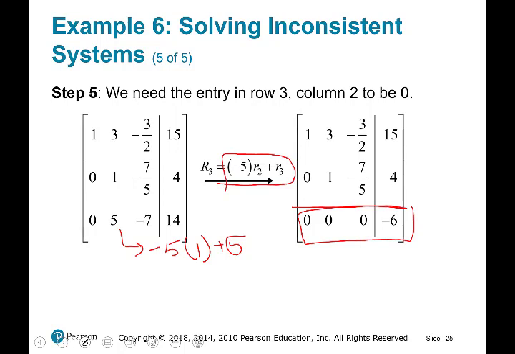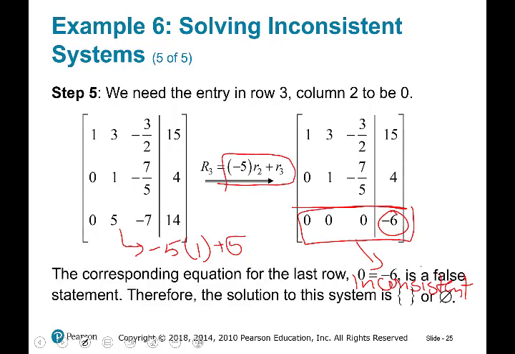Remember that before this was a 0, but now I get something that is inconsistent. So this has no solution. Therefore the solution to this system is null or empty.